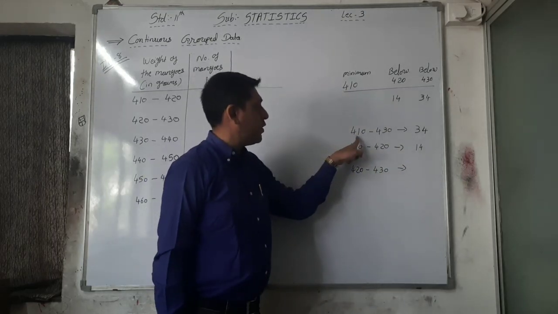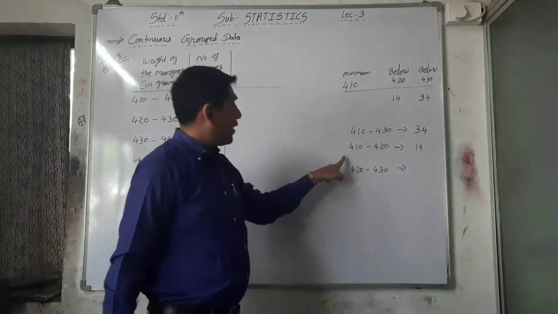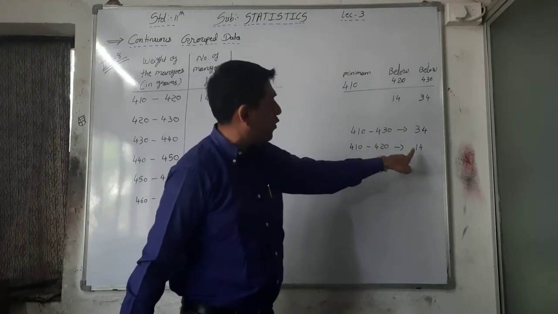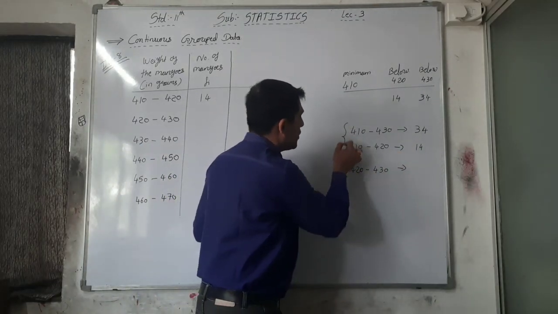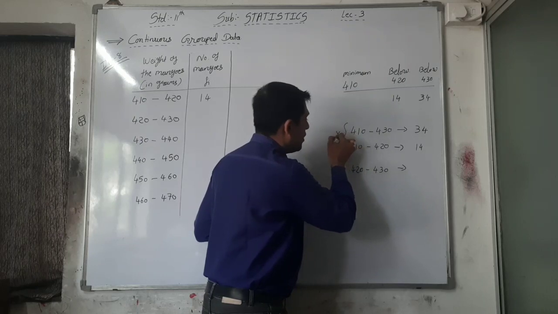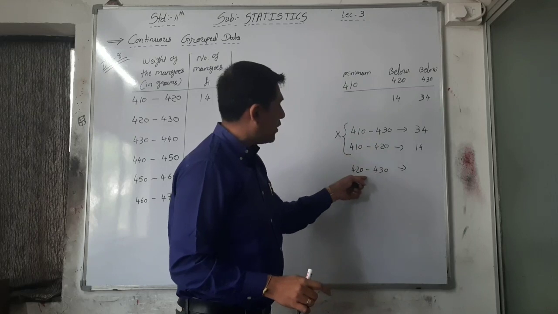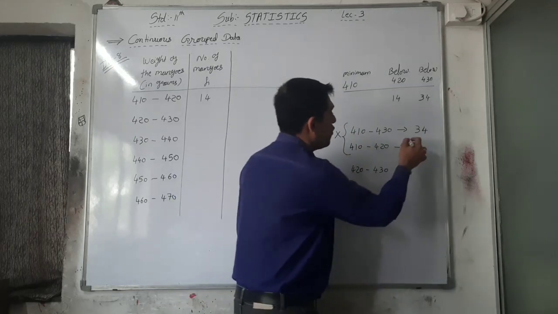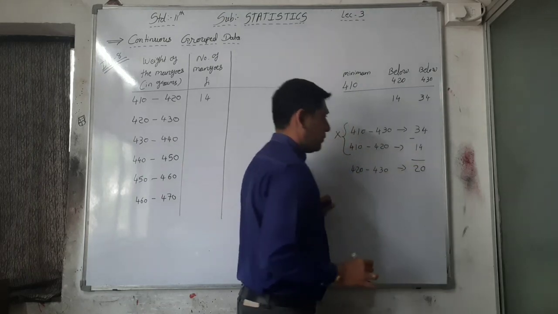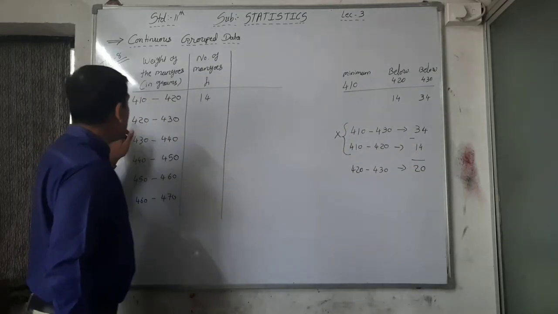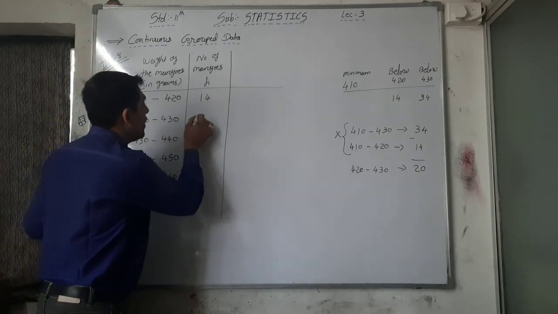The data is given that 410 to 430 is 34, and we found 410 to 420 is 14. So this part is common and it is cancelled. Now what is remaining? 420 to 430, which we want to find out, and we subtract and get the answer, that is 20. So between 420 to 430, the number of mangoes is 20.